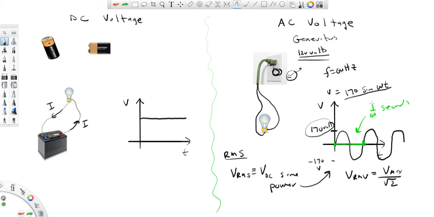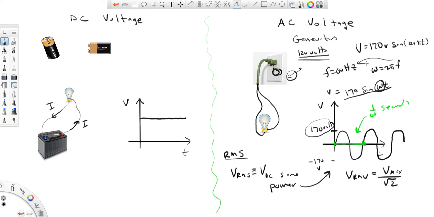Another consequence here, mathematically, because we're at 60 hertz, the AC voltage in the US power grid works out to this: 170 volts times the sine of 120 pi times t, because what's called your angular frequency is 2 pi times this frequency.